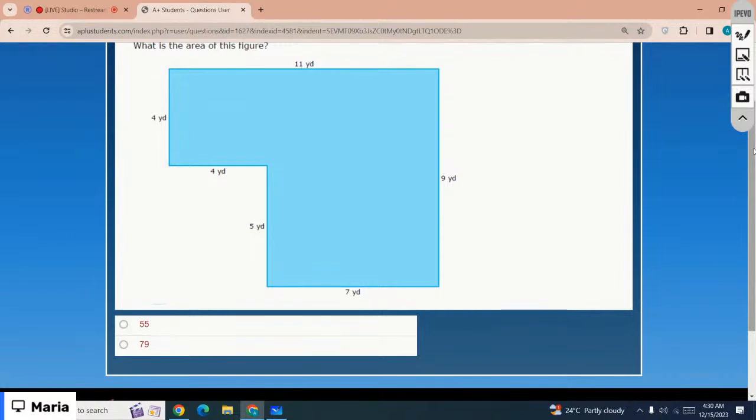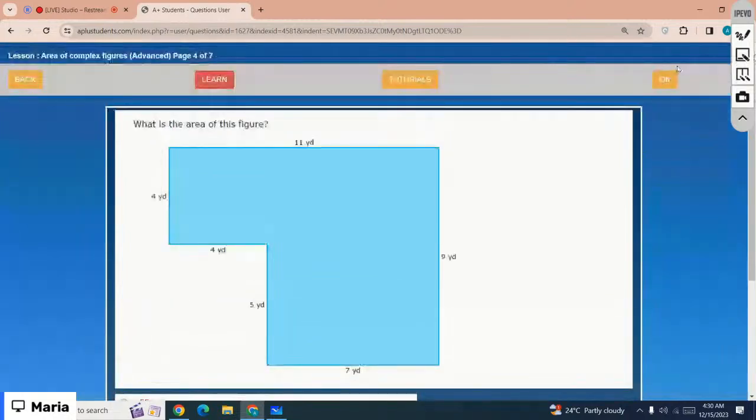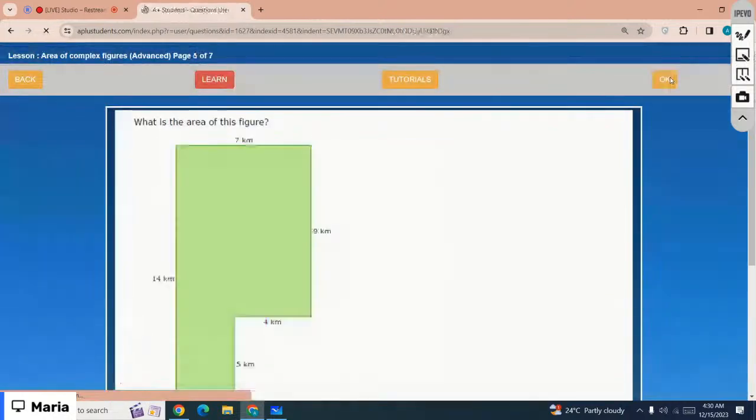Yes, the correct option is 79. Very good. What is the area of the figure? Which is the correct option?